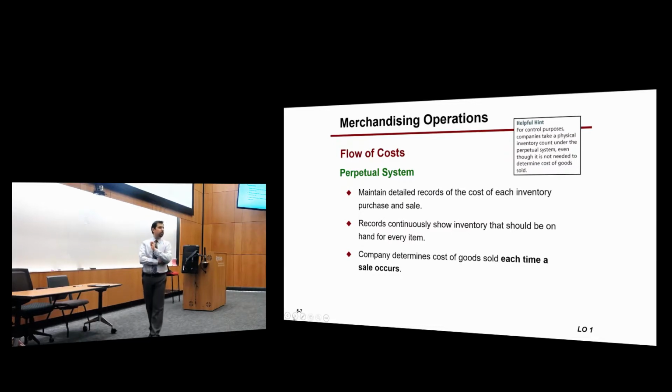Now, the perpetual system has several advantages. Who can tell me an advantage of the perpetual system? A system where the company always and at every moment, yes? Sorry? Exactly. You always have an updated record of your inventory. Okay, give me an example of a company that tells you this information.